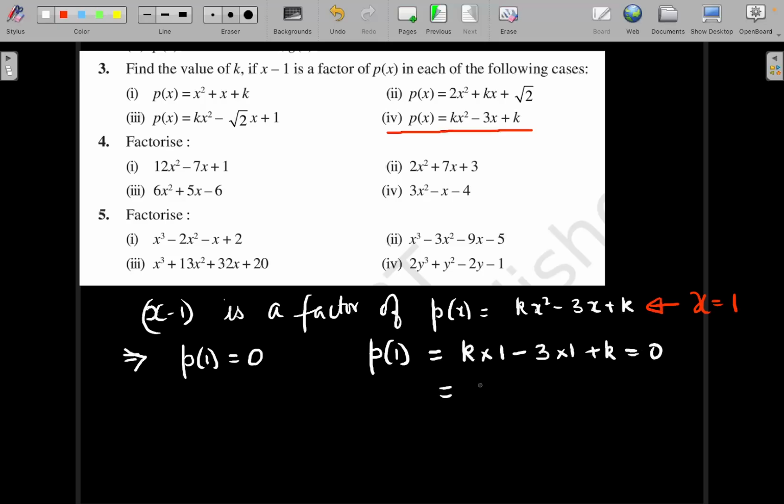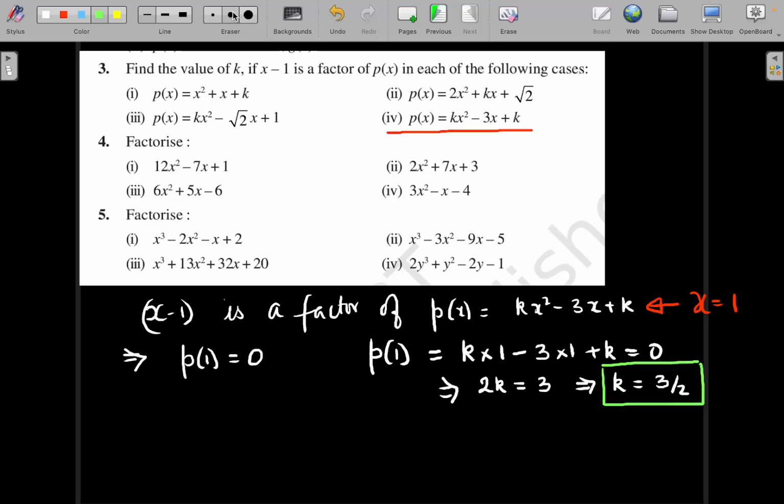This would mean that 2k is equal to 3, and this would imply that k is equal to 3 upon 2. So you can see here that these are very nice and simple applications of the factor theorem.